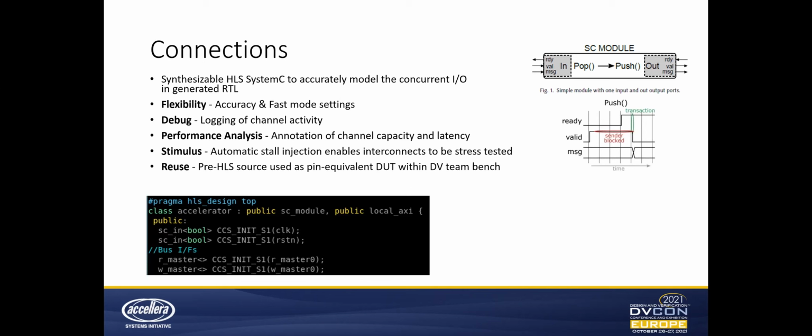A simple wrapper can be used that instantiates the Connections-based DUT, which exposes those data-ready-valid pins at the boundary. And this is what we can drop into our common test bench environment and later swap out for the post-HLS RTL equivalent. There are several controls and debug capabilities that come with the Connections library that are worth mentioning. And these make it useful beyond the performance and reuse aspects that we've already talked about.